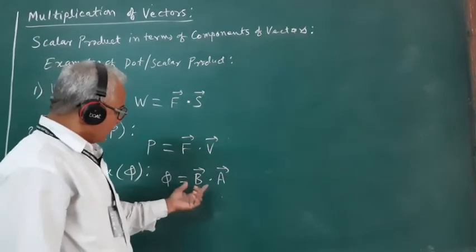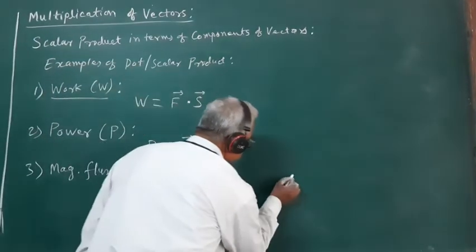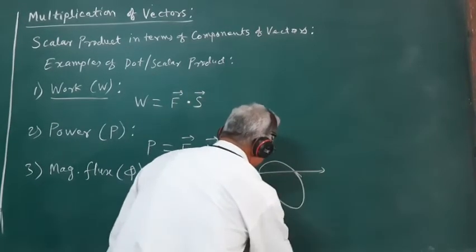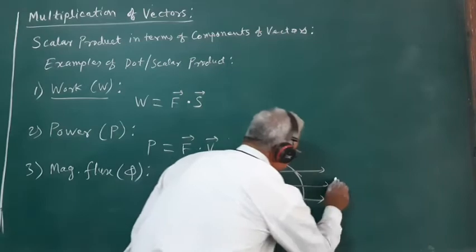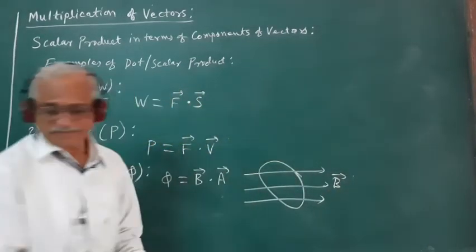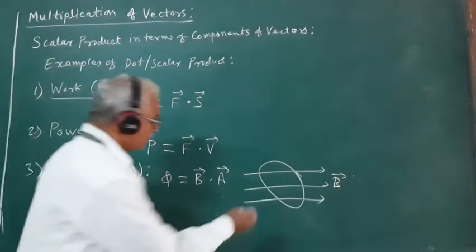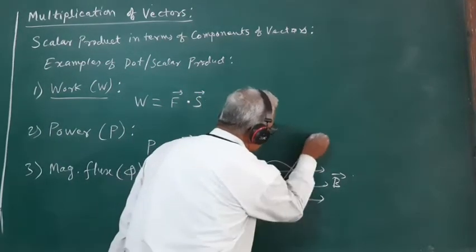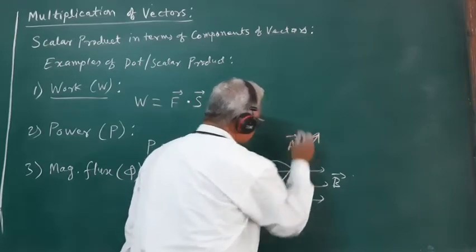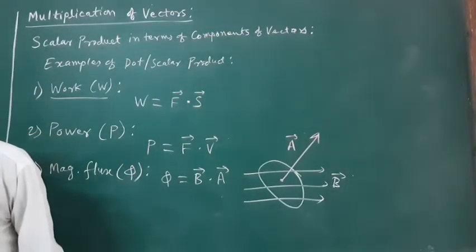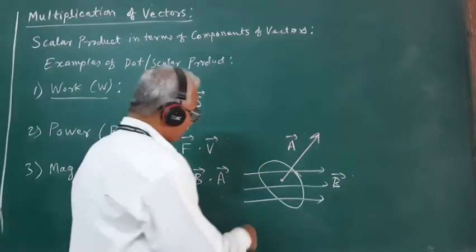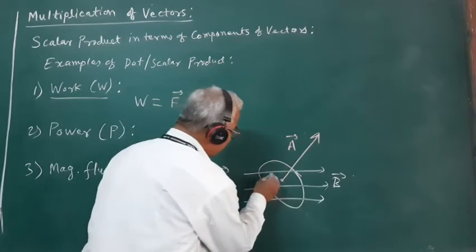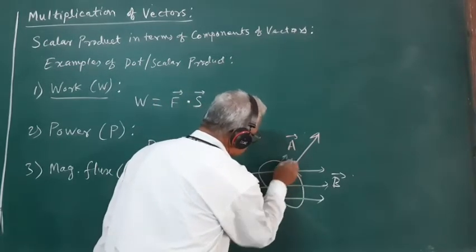So, if we have this area A and the magnetic induction is like this, this is magnetic induction B. If we represent this area A by the vector A bar, this is the area vector A bar, then the flux due to this magnetic field passing normally through this area is like this.